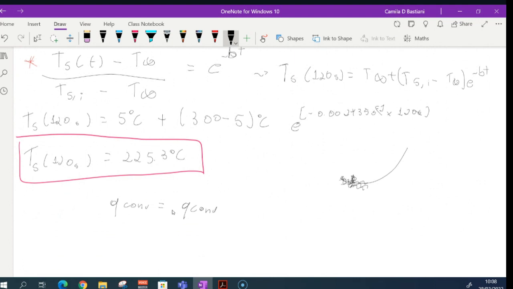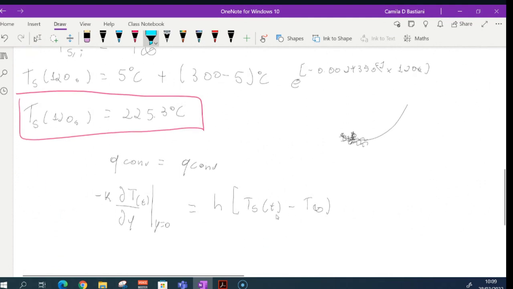So I can say that minus K, temperature gradient, when my y equal to 0, so at the surface, is equal H, temperature of the surface at a certain time, minus temperature of the air. What I want to find is my temperature gradient, so it's this term here.